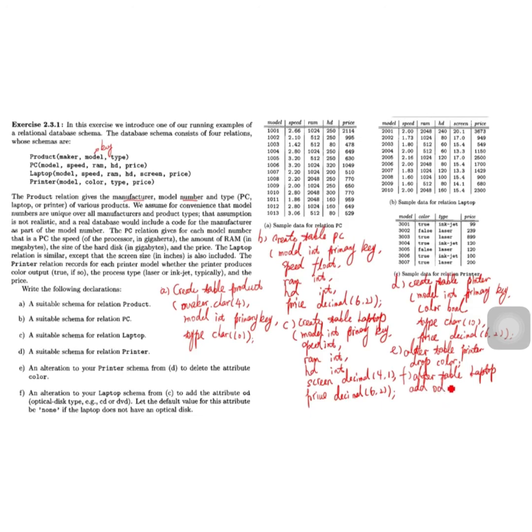The name of the attribute, and for the domain we use char, 4 is enough. And default value: the default value is none, so DEFAULT 'none'. Okay, that's it.